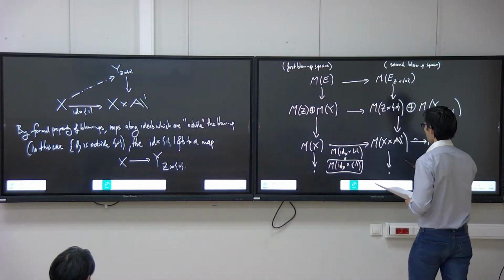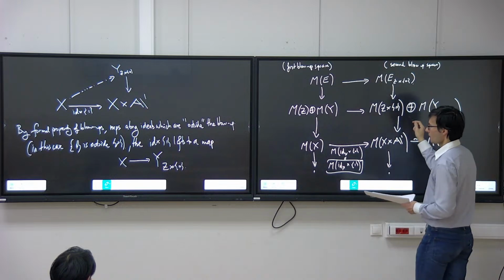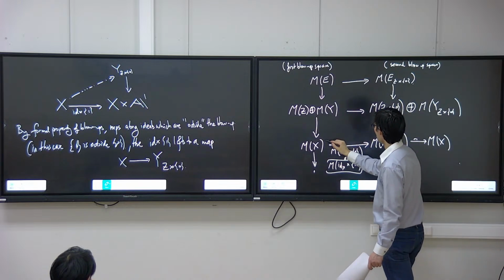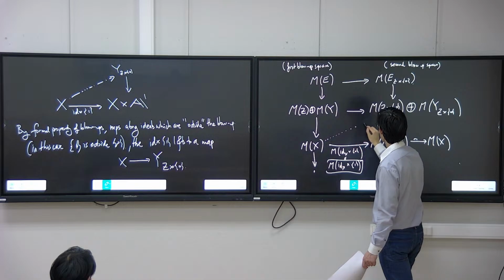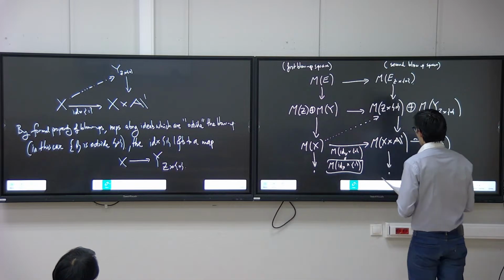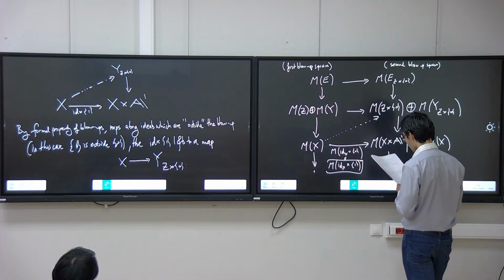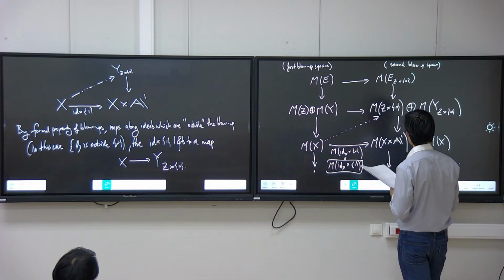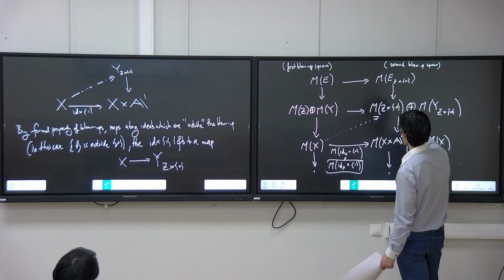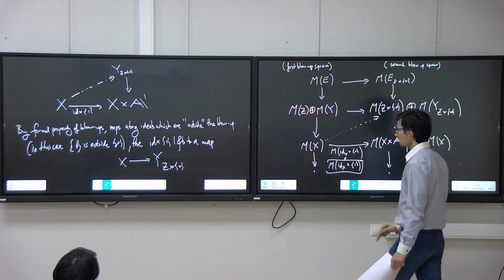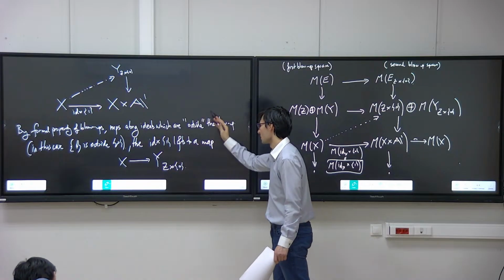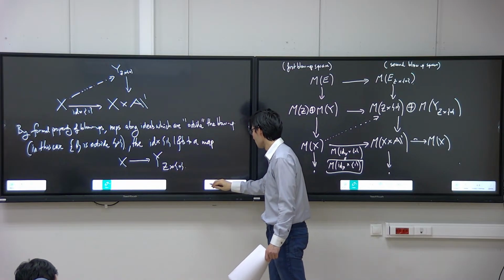So going back to this diagram, this implies that I get a lifting here, and so I get a morphism that splits this guy here. Let me just remove this because there's some lemma you can look up in Hartshorne.